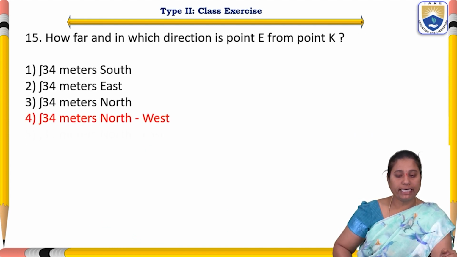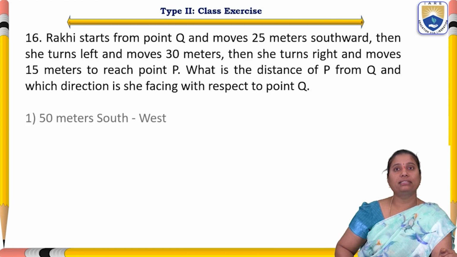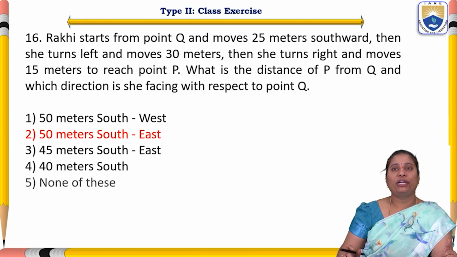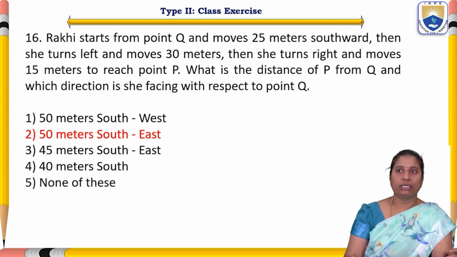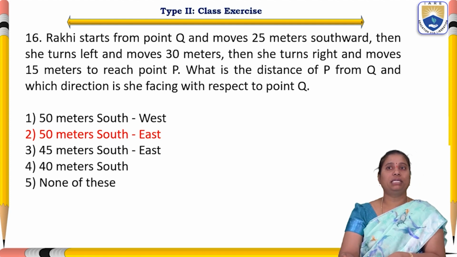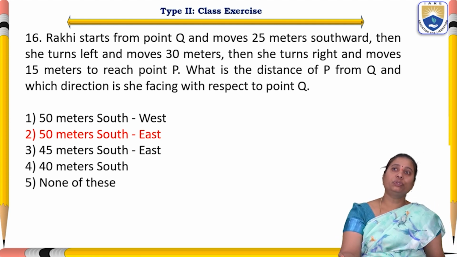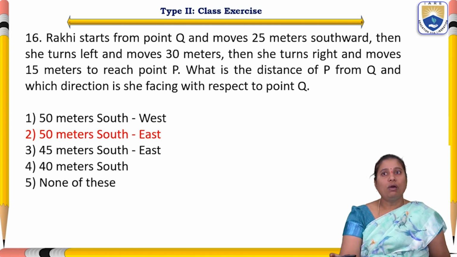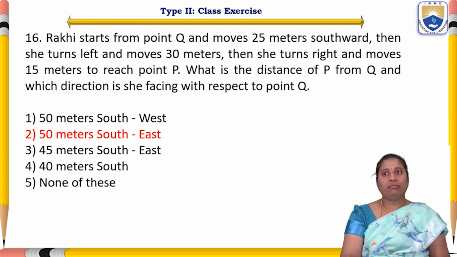For the last question we'll discuss: Rakhi starts from point Q and moves 25 meters southwards. Then she turns left and moves 30 meters. Then she turns right and moves 15 meters to reach the point P. What is the distance of P from Q, and which direction is she facing with respect to point Q?